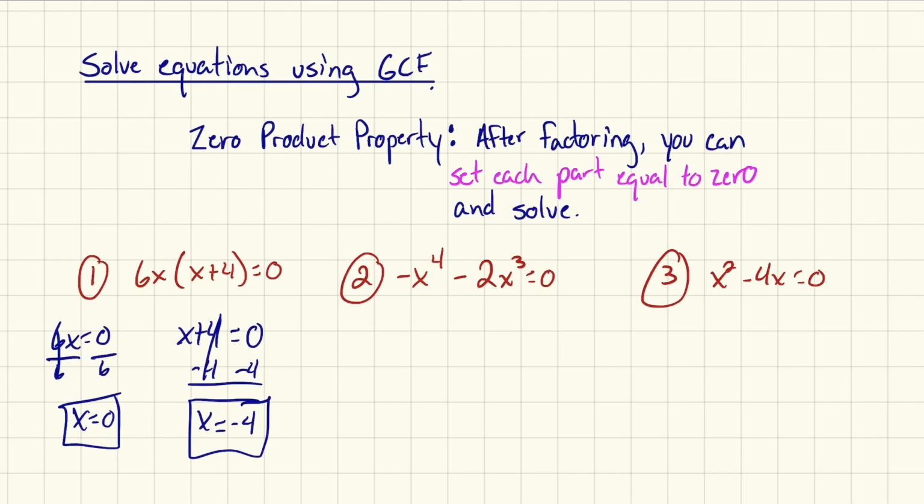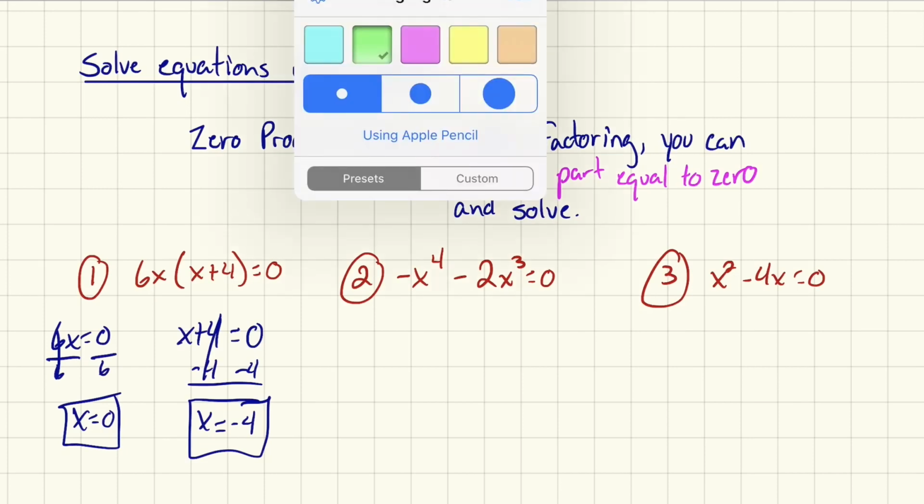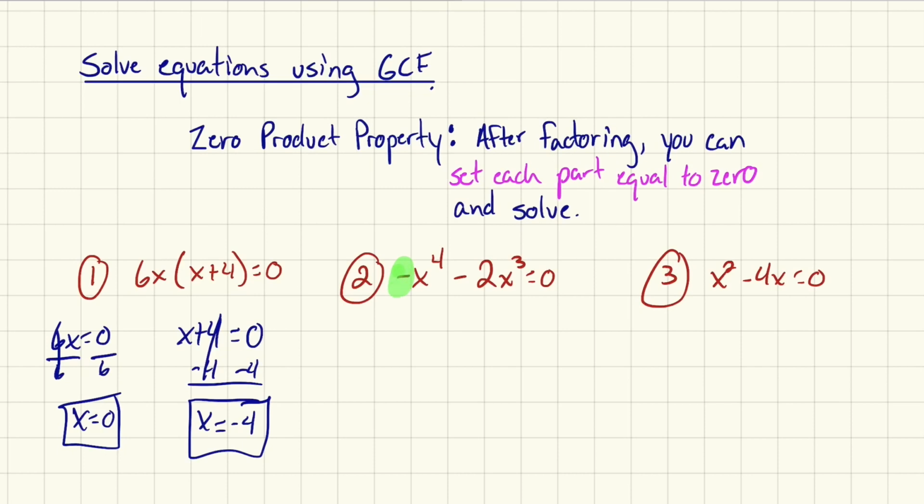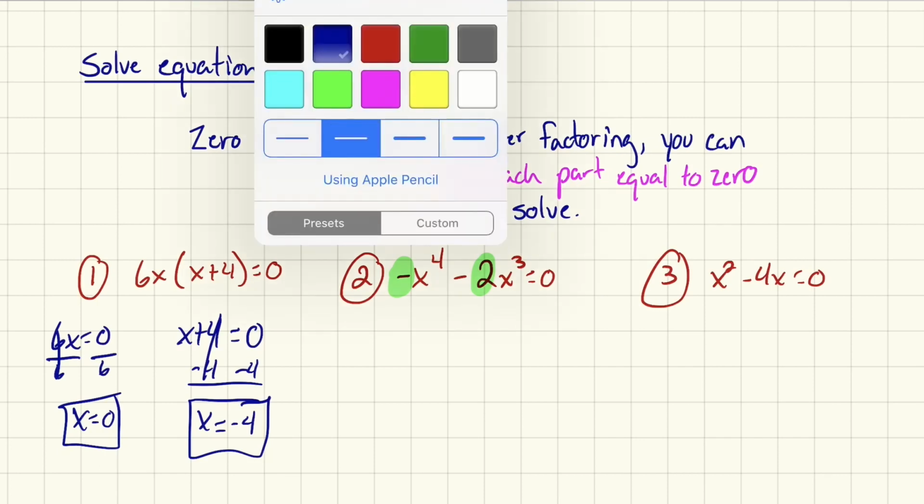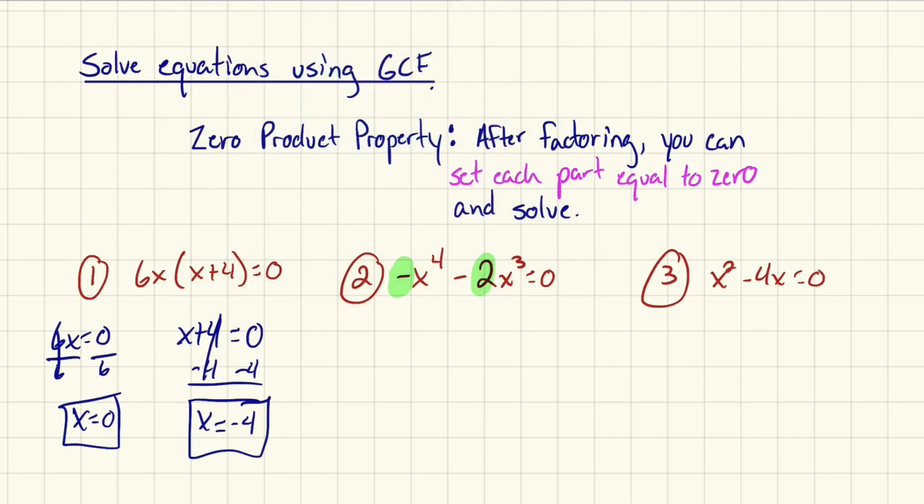Okay, in number 2, we have negative x to the fourth minus 2x to the third power. Whenever we go to take our greatest common factor, remember we're factoring out of negative 1 and 2. What's the greatest common factor there? Well, the greatest common factor between those two is just negative 1.